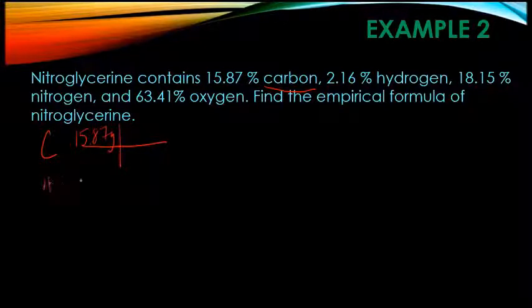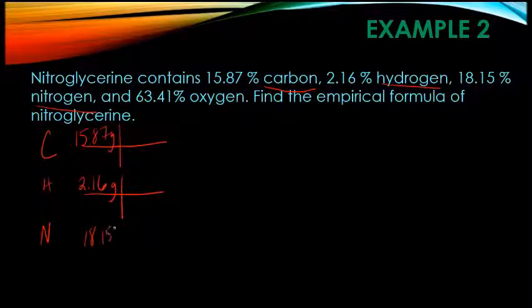The next one is hydrogen, which is the 2.16 grams, changing that to moles. Then of course is the nitrogen after the hydrogen. That's going to be 18.15 grams. And last but not least is the oxygen, which is 63.41 grams.